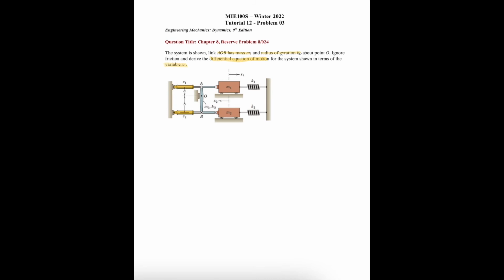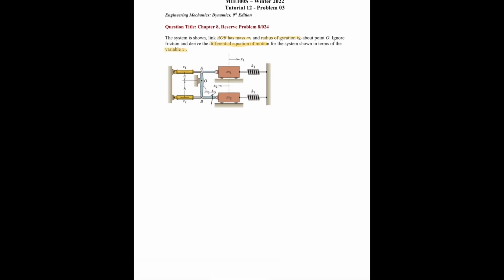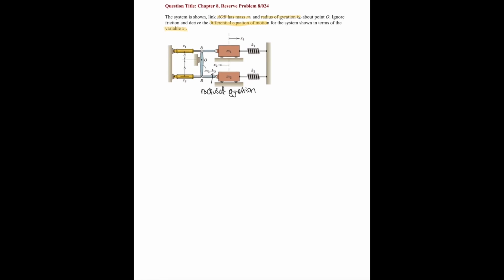Okay, so this is actually radius of gyration, not the stiffness of the springs. The first thing we're going to do is draw a free body diagram. As usual, they're very important. And we're only going to consider the dynamic forces.